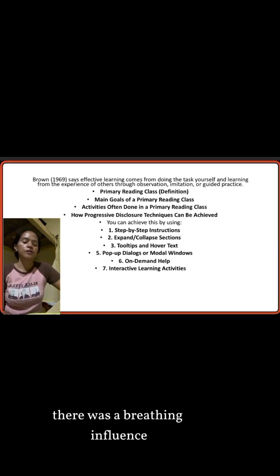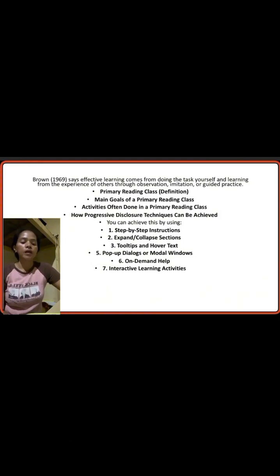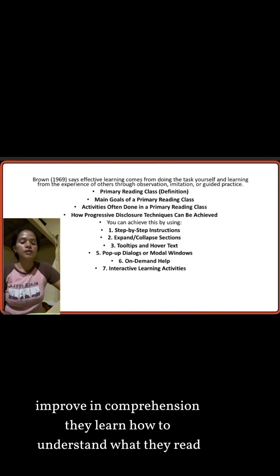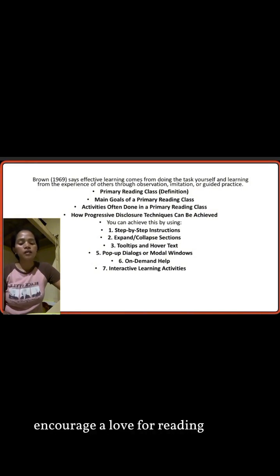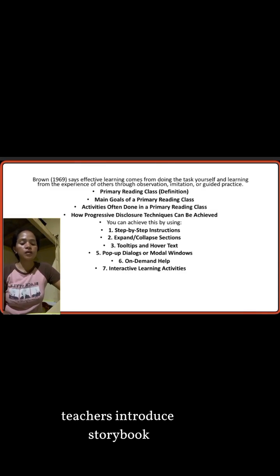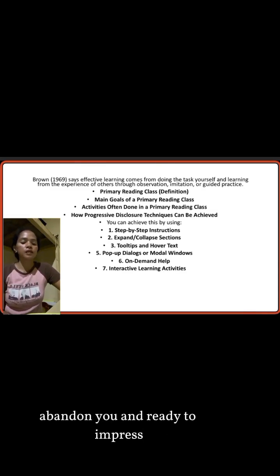Develop reading fluency: students practice reading smoothly and accurately. Improve comprehension: they learn how to understand what they read, the main idea, details, and sequence. Encourage a love for reading: teachers introduce storybooks.